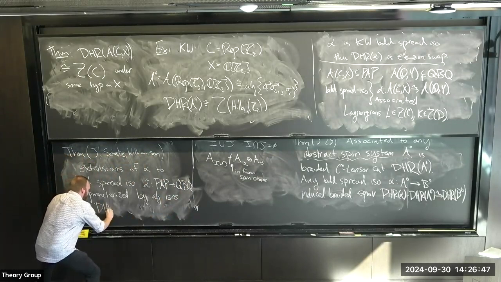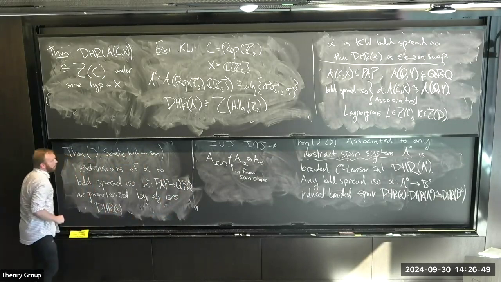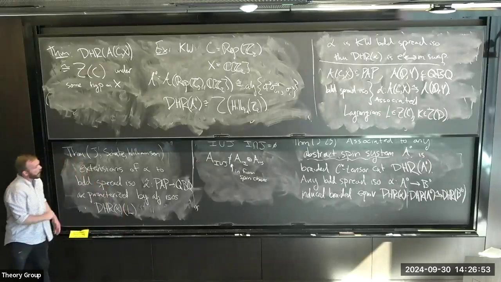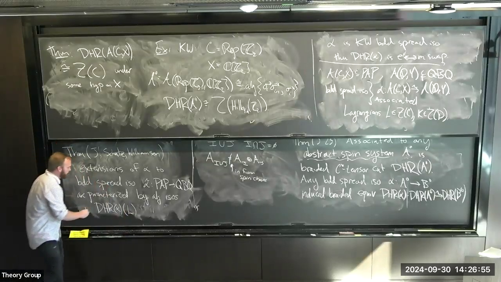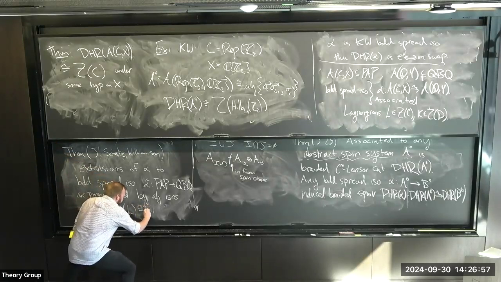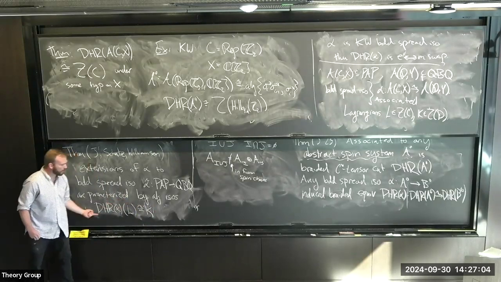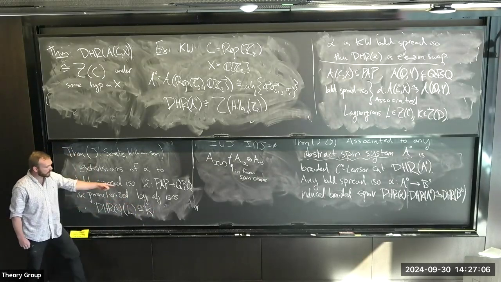Between what? Well, you take DHR of alpha, this gives you a map between the Drinfeld centers, so you can plug in L, and this pops you over into the Drinfeld center of D, and so I can ask this to be isomorphic to K. And each choice of algebra isomorphism that does this gives me an extension.